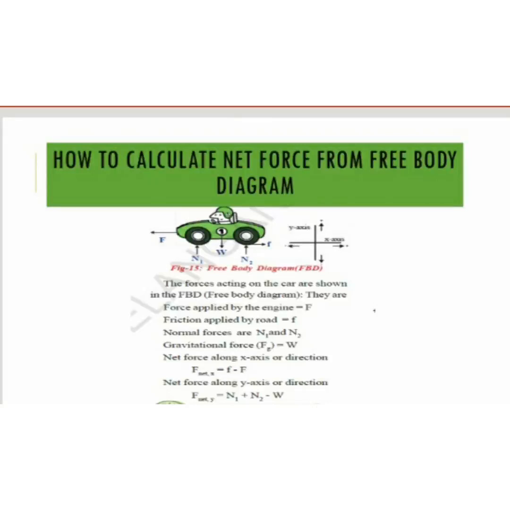Because gravitational force is acting downward, so we subtract W. Then we can find the F net acting on the y-axis, which is vertical. Now N1 plus N2 and Fg equal to W are the vertically acting forces. Like this we have to calculate the net force of the free body diagram.